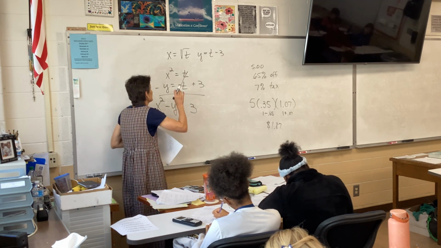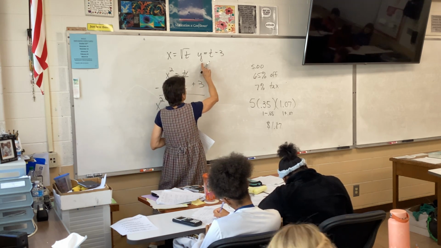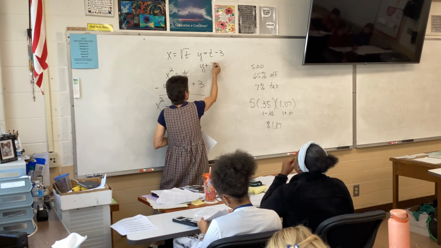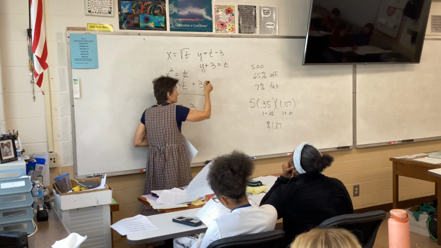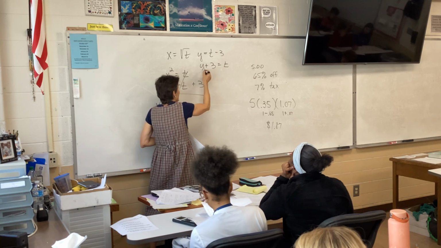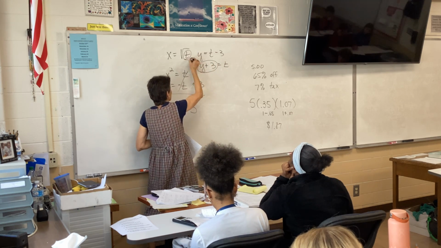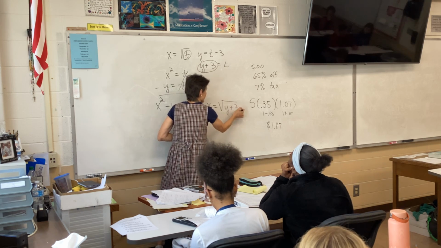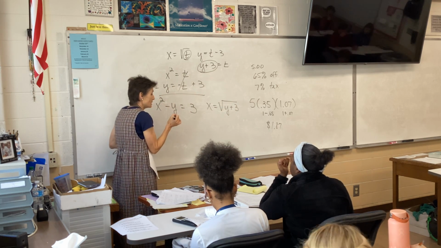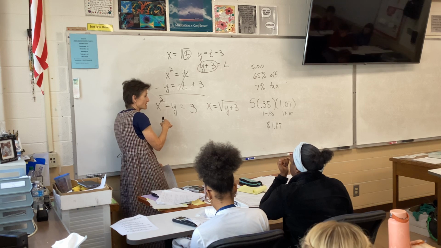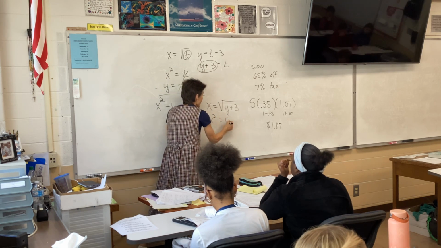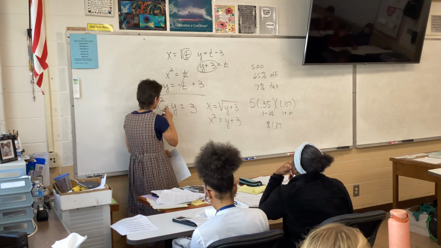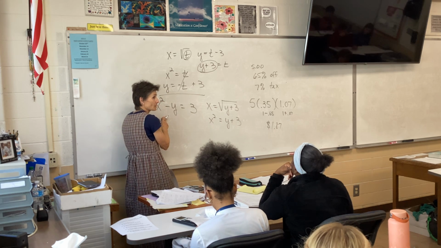For example, somebody else might say, well, y plus 3 equals t, and we could take that and put it in there. So x equals the square root of y plus 3. Now that's a different form of this equation, because if I square both sides, aren't these two equations the same?